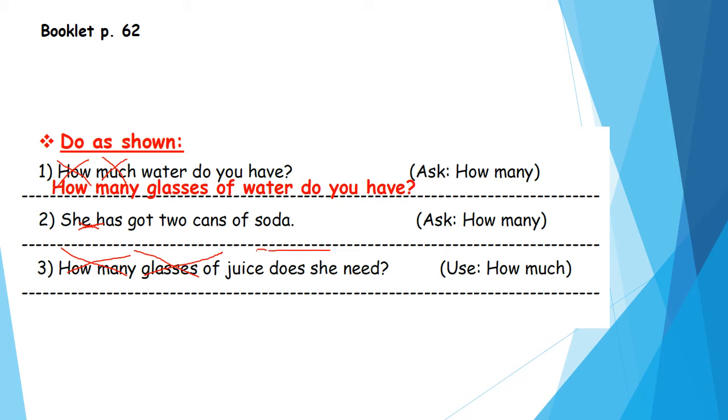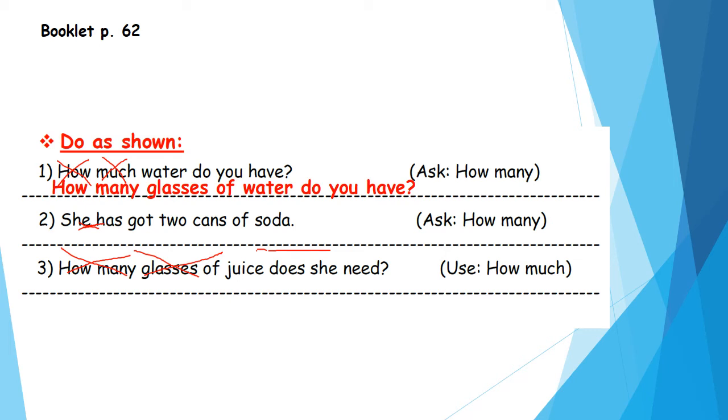You understand? Let's see number 2. She has got 2 cans of soda. Ask how many. Now this is a sentence and we want to change it into a question. We ask about countable nouns using how many.